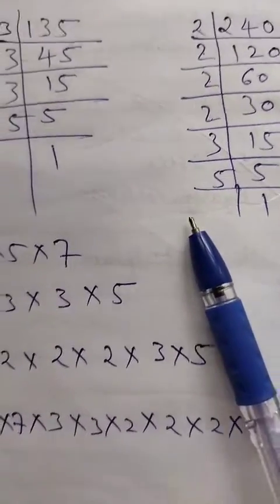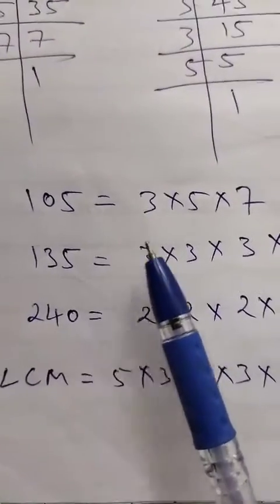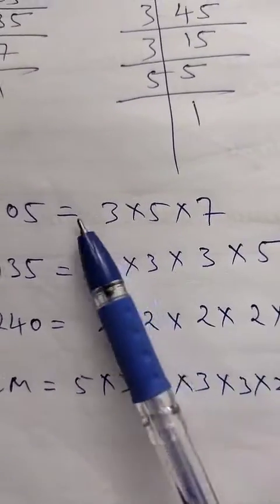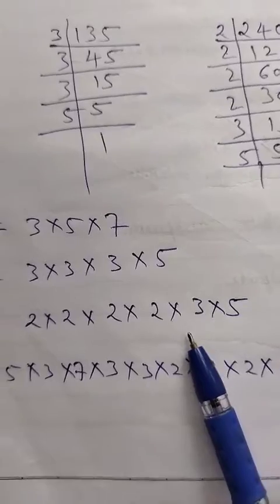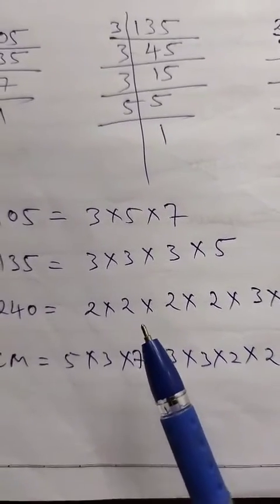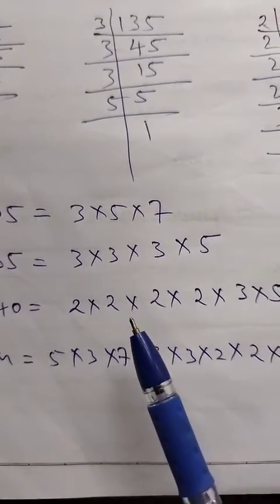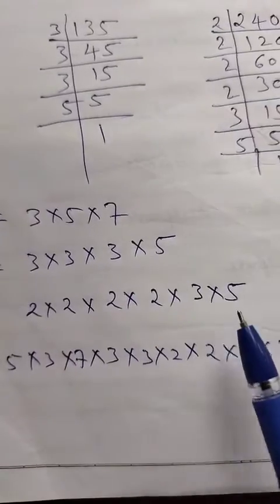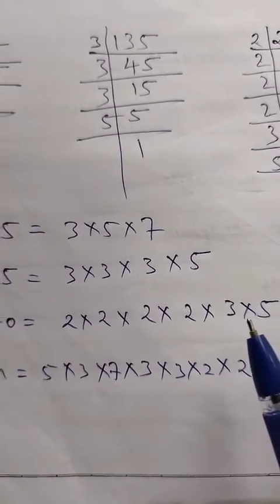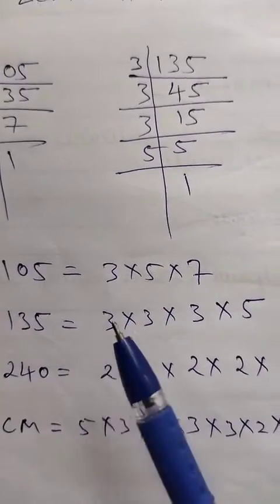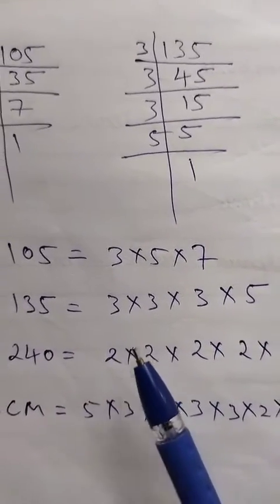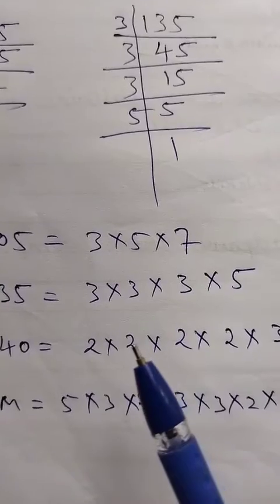Then you will write their factors like this. Then you will pick out the common factor. So 5 is coming in all the three. See, common means if a number is coming in two factors and it is not coming in the third factor, you cannot take that number as common.